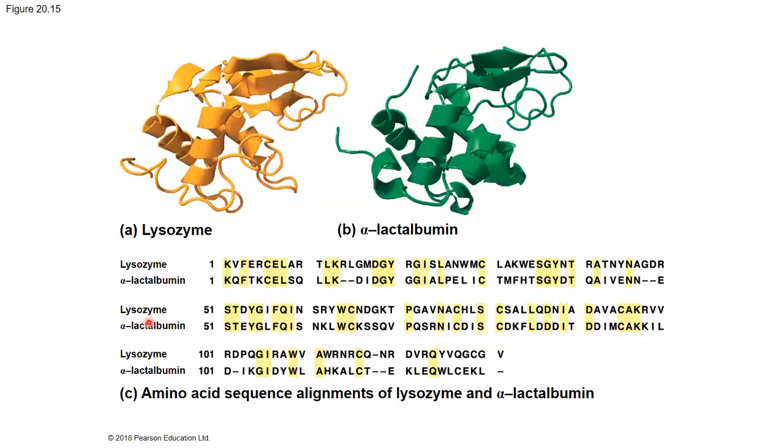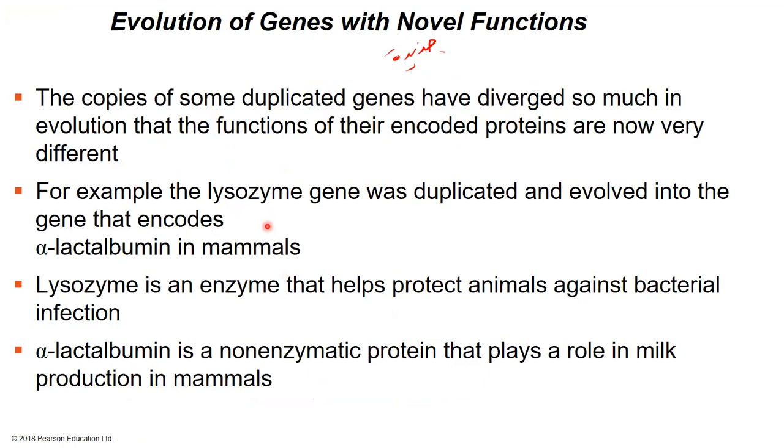So scientists looked at the amino acid sequence and the structure of the lysozyme and alpha-lactalbumin, and they found that there are some similarities in terms of structure and in terms of the amino acid sequence, but there are some differences. So scientists think that the lysozyme gene, which encodes an enzyme, was duplicated and accumulated mutations.